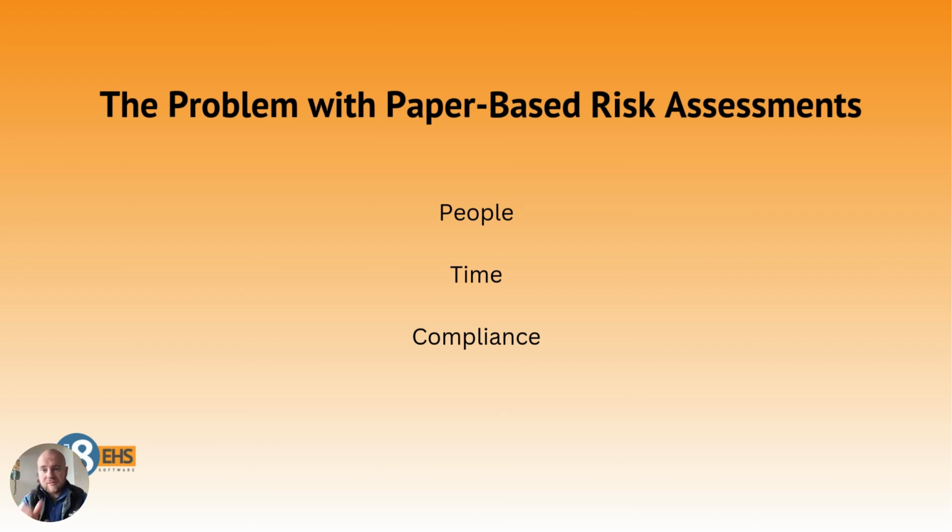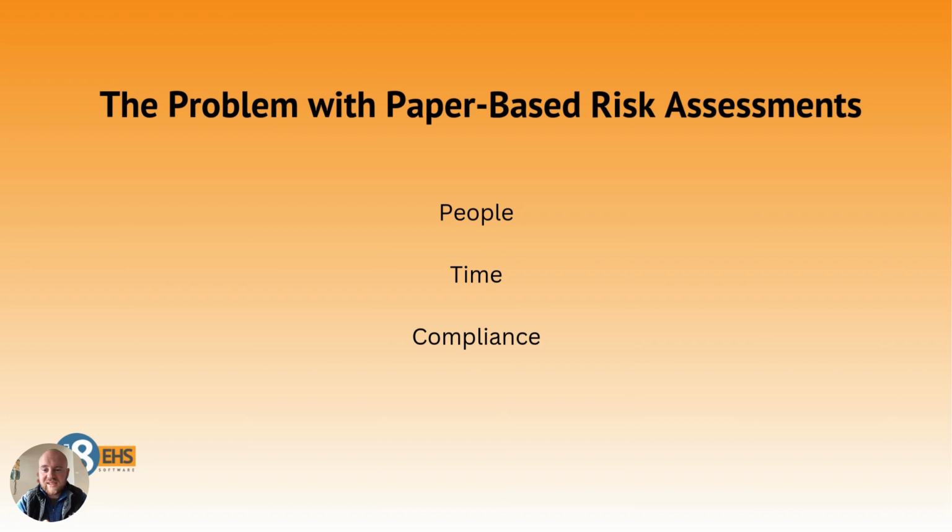Paper-based risk assessments may seem simple and familiar in theory. They should be easy, but the reality is they come with major downsides, which I think most businesses are experiencing now. Certainly, all the businesses that I speak to on a daily basis and our team do. So the first one is people. They are prone to human error.